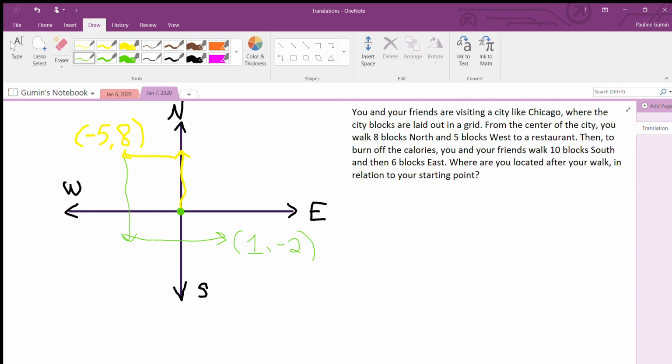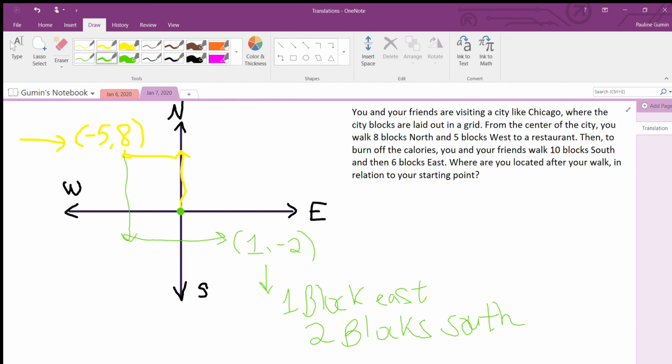So, 1 block east, 2 blocks south. So really, I was looking at what is the translation that happens between the yellow coordinate and the green coordinate?